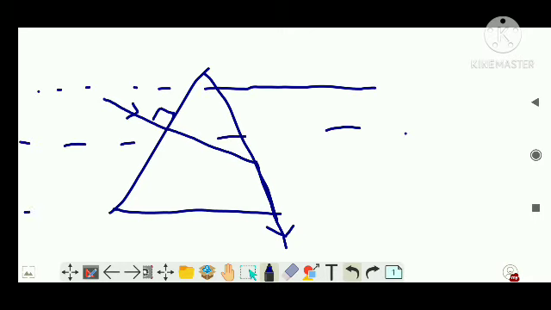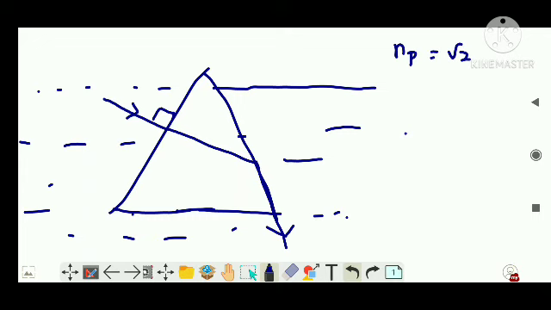I have to rub this one because I have to draw a lot of things inside. You are keeping this prism in a liquid, and the prism has the refractive index of √2, right? Clear?